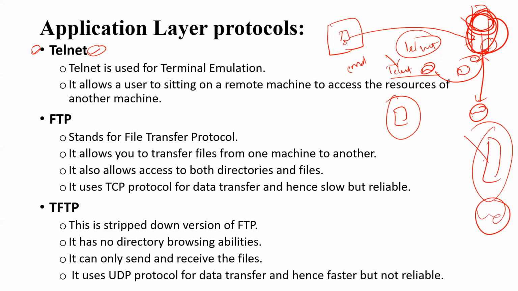You want to make some modifications on this server, so you can take a Telnet connection to it and do whatever you require. That is about the Telnet application protocol. It allows a user sitting on a remote machine to access the resources of another machine.